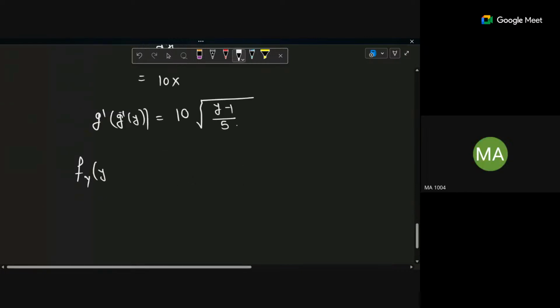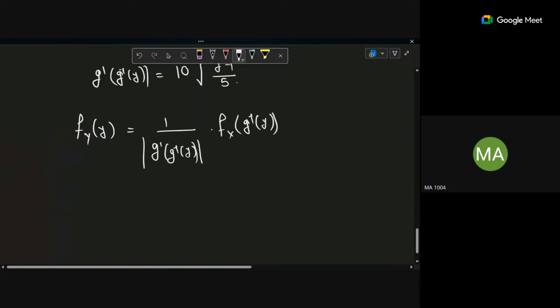So what will be the distribution then? f_Y of y is what? 1 upon modulus of derivative of g at the point g inverse of y, into PDF of x at the point g inverse of y, right?